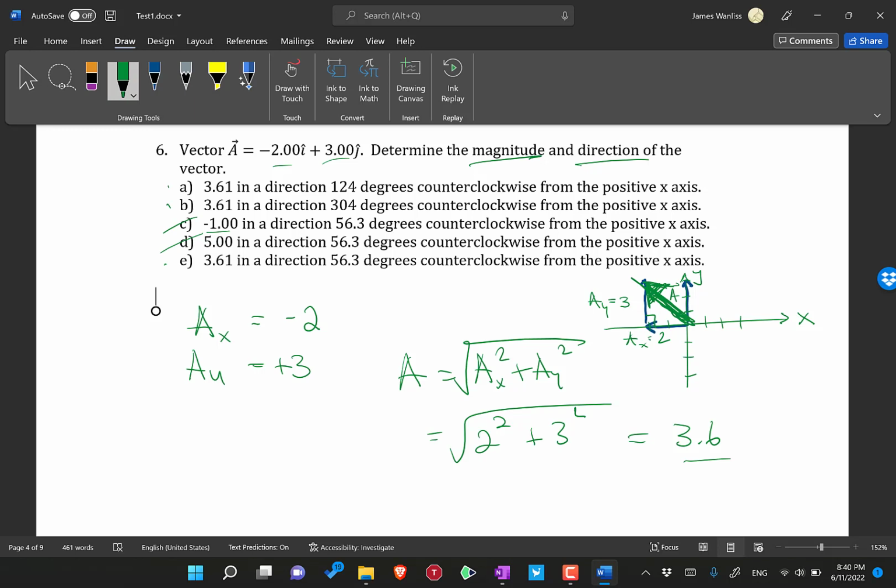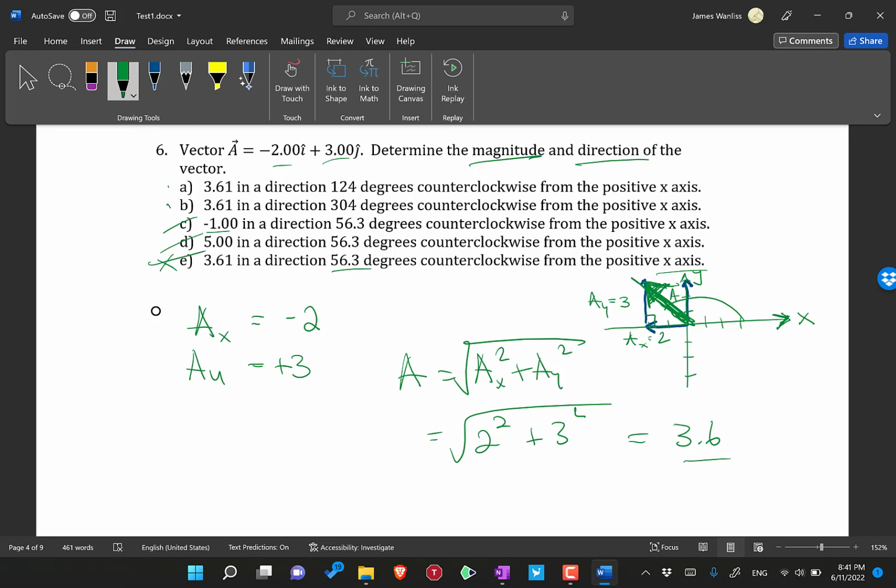Okay, so now we've got to figure out the direction. 56.3 degrees counterclockwise from the positive x-axis. Here's the positive x-axis to the right. That's more than 56 degrees, so it's not E either.